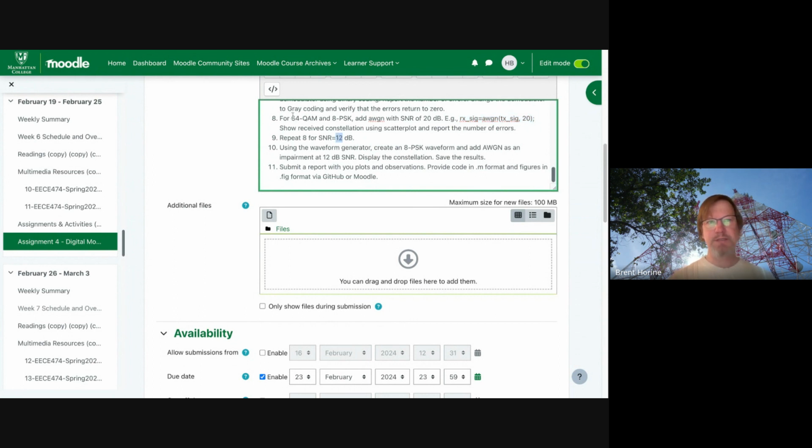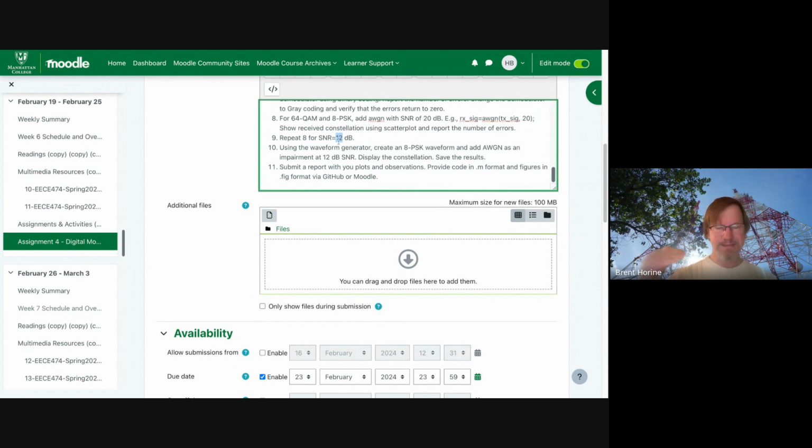What you'll see is that in the 20 dB situation, you'll have some messiness in the constellation at 64 QAM, but maybe you could see how you could still receive some signals.